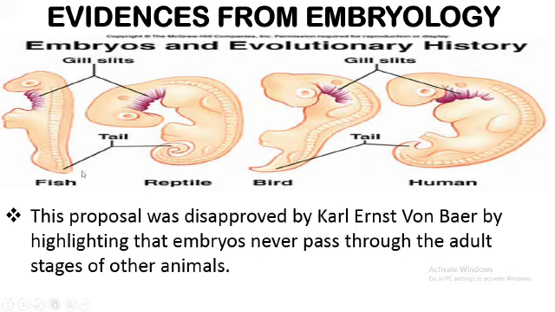If you take a fish embryo, naturally it will grow into a fish and retain pharyngeal gill slits even in adulthood. But what about reptiles, amphibians, birds and humans? These embryonic structures are not passed on to the adult; they disappear. Therefore you cannot consider this as the best feature for evidence of evolution. So this is with regard to evidences from embryology.